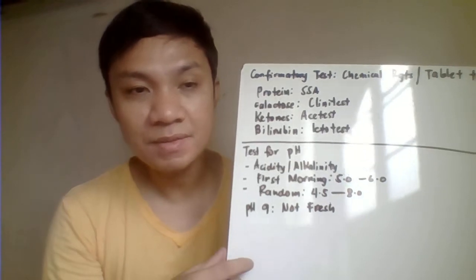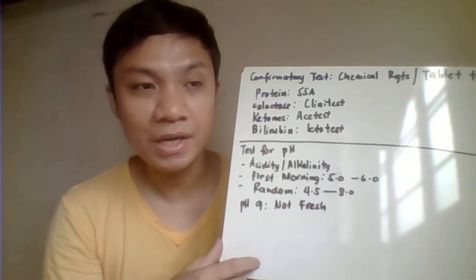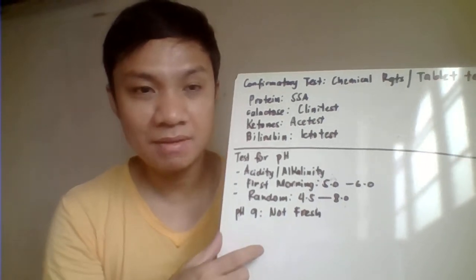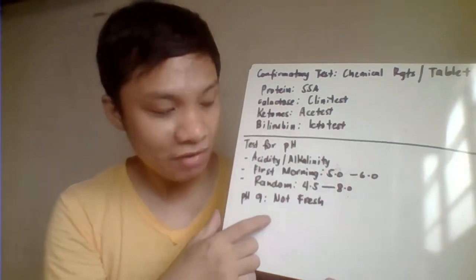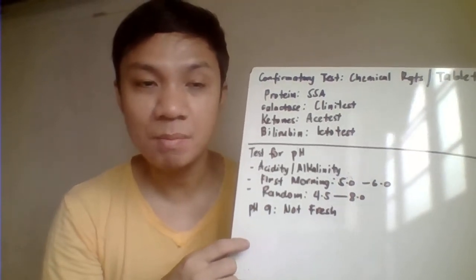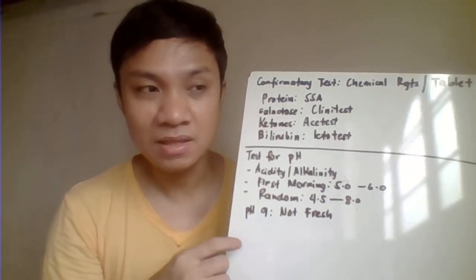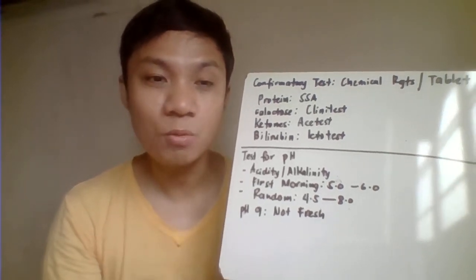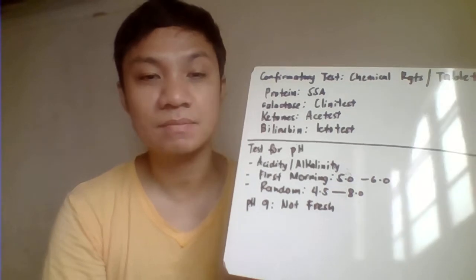If you receive a specimen wherein the pH is more than 8, that signifies an old na specimen, so this is an unsatisfactory na specimen. I mean to say the specimen has not been delivered to the laboratory within 2 hours of the collection process.